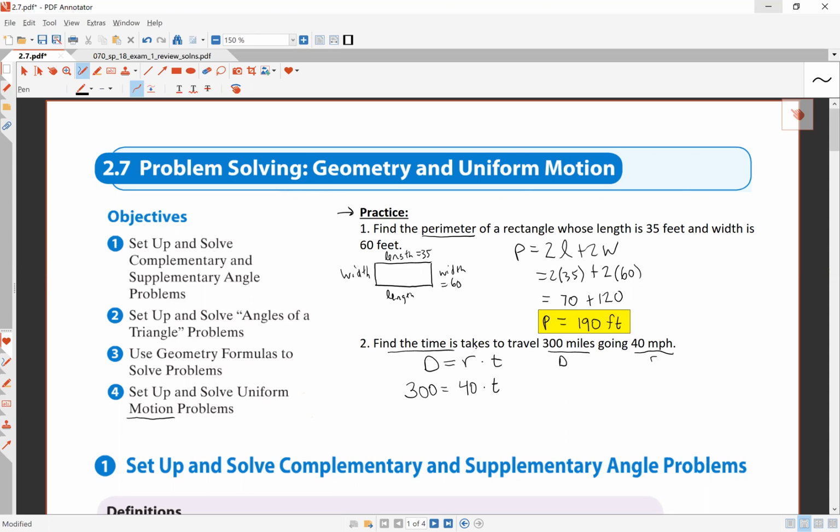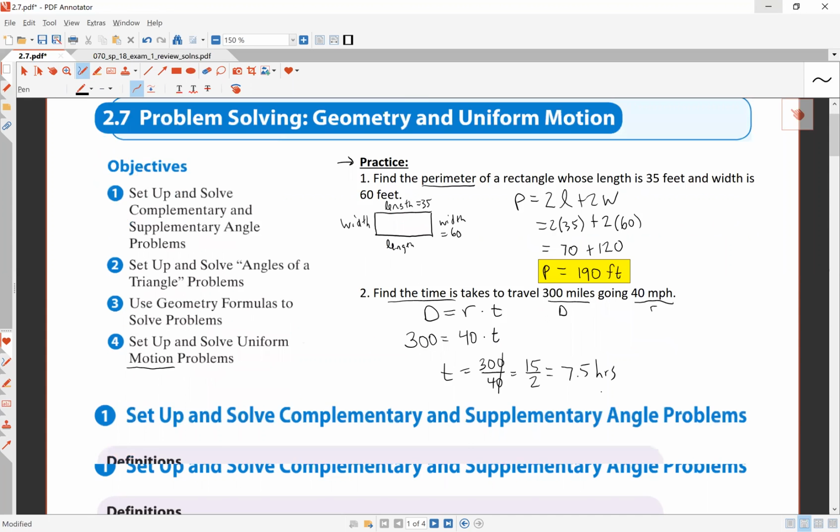We want to find the time. So we take the distance of 300 and divide by the rate of 40, and we get 15 halves, or 7.5 hours. So the time it takes to travel 300 miles going 40 miles per hour will be 7.5 hours.